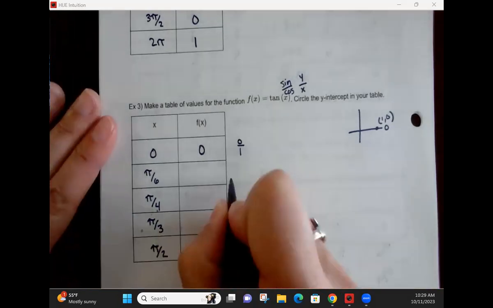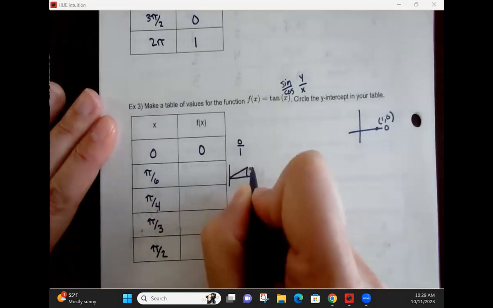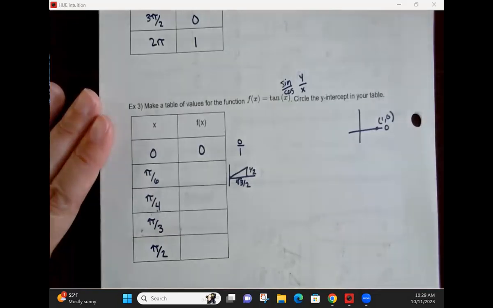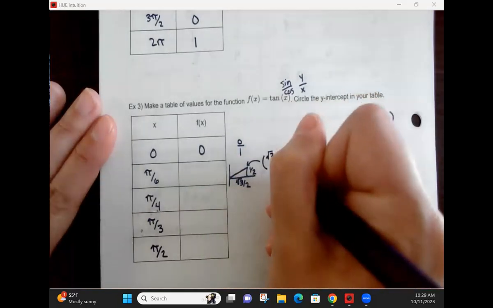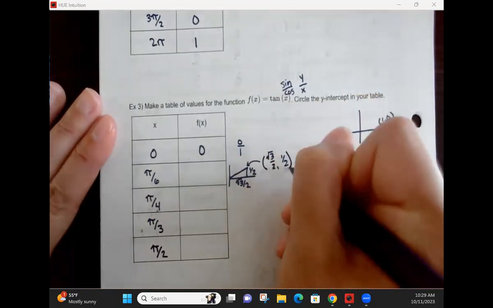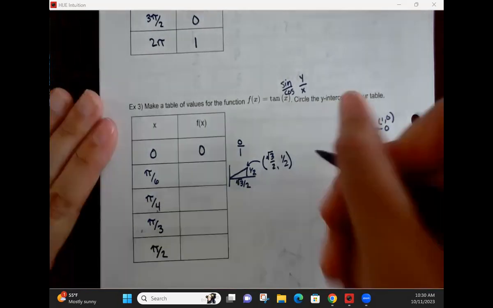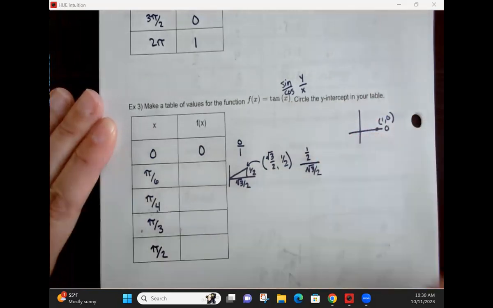Pi over 6. Is that triangle, that special right triangle. Okay. So the point that we're looking at would be √3 over 2, 1/2. Since tangent is sine over cosine, I've got to divide out these values. So that would be 1/2 over √3 over 2.